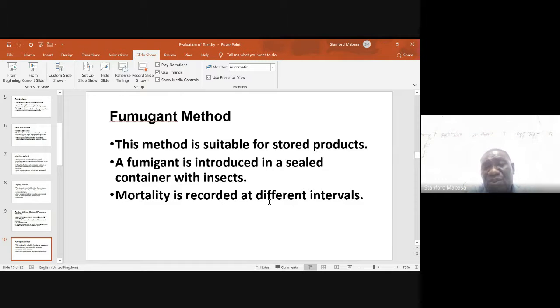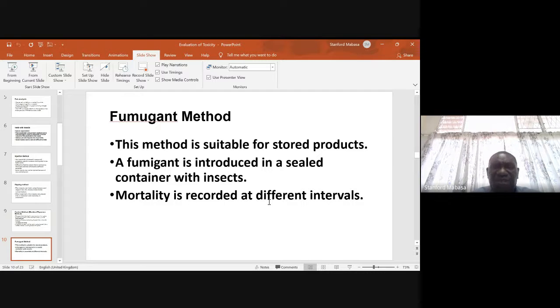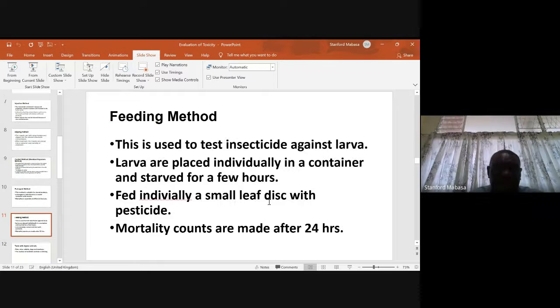Then you make observations of insects which are now dying because of fumigation. And you can take records at different intervals. All these methods will give you an idea about the dosage to use to kill these insects.